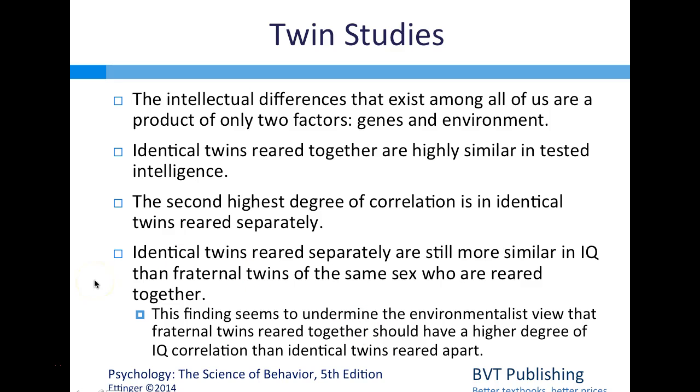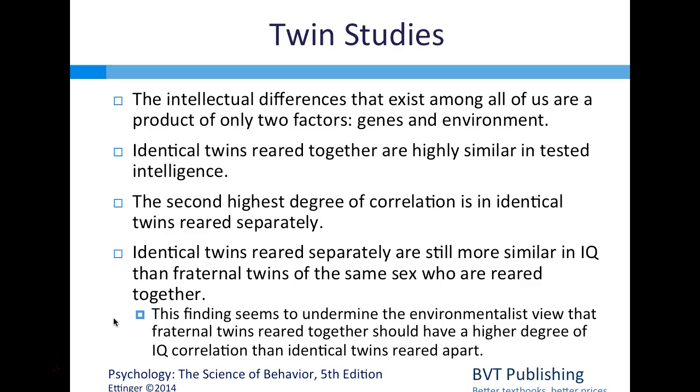So we're going to go back to that table after we talk a little bit about what it is. Twin studies, as you can imagine, could be very useful in helping to identify whether it's environment or whether it's genetic. The intellectual differences that exist among all of us are a product of only two factors, genes and environment. Identical twins reared together are highly similar in tested intelligence.